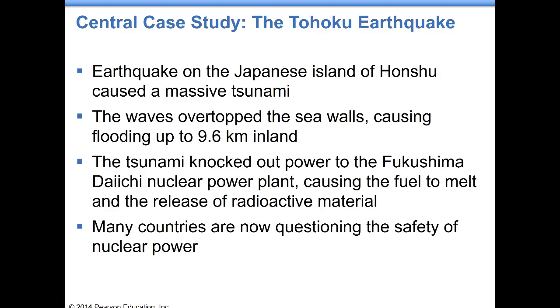And many countries now, because of this big earthquake and nuclear breakdown, are considering questions of the safety of nuclear power. We're going to talk about nuclear power as being clean energy, and it really is, but it's the handling and containment that we need to take care of because of natural disasters like this.